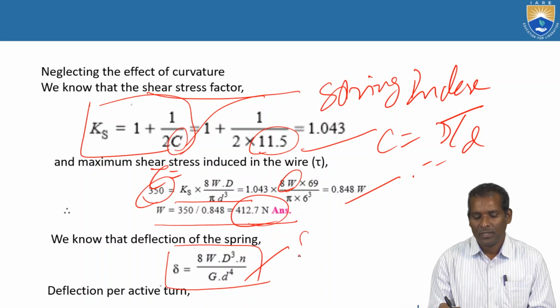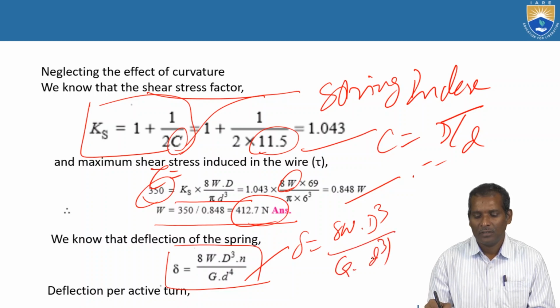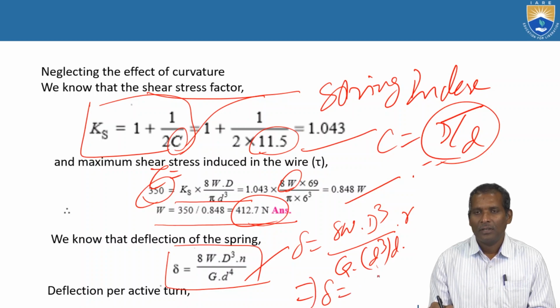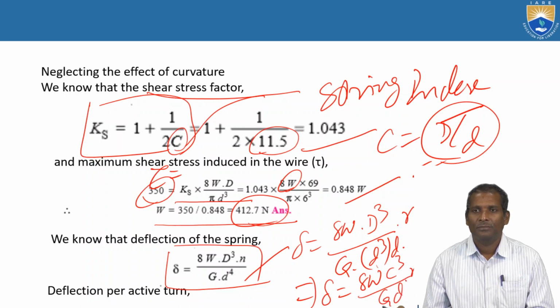So delta is equal to 8W D cube by G d cube into small d into N. D by d is C. So in terms of C, delta is equal to 8 into W C cube by G d into N. Like this also you can write.